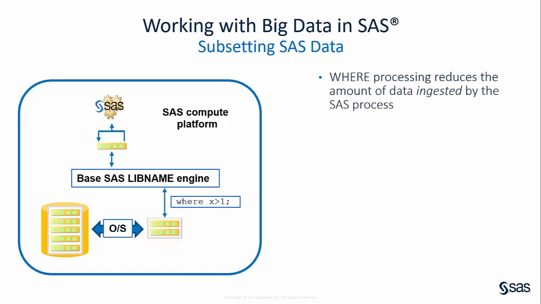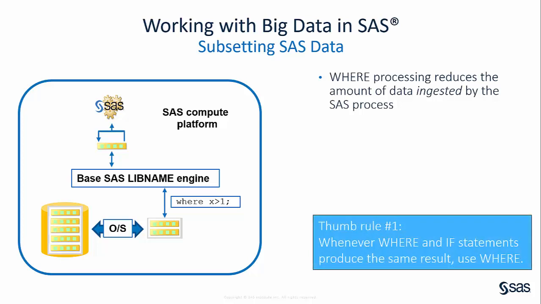But there's another way, which is using a WHERE statement to subset the amount of data that is ingested by the process. If we can reduce the amount of data we're taking in, as well as the data being written out, because if we don't take it in, it can't get written out, then we should speed up the process. So a good rule of thumb, number one, is if using a WHERE and a subsetting IF statement would produce the same results, use the WHERE.